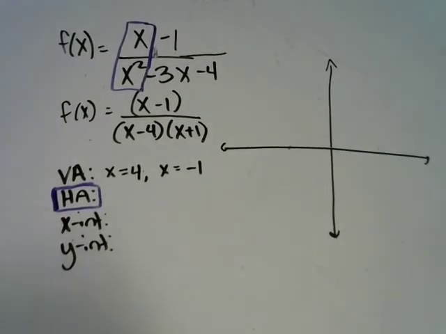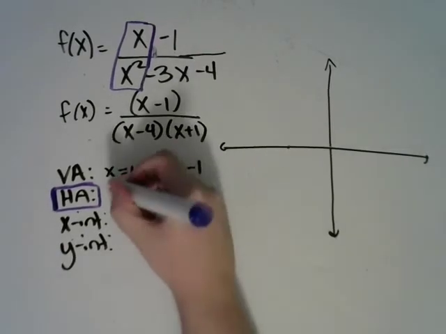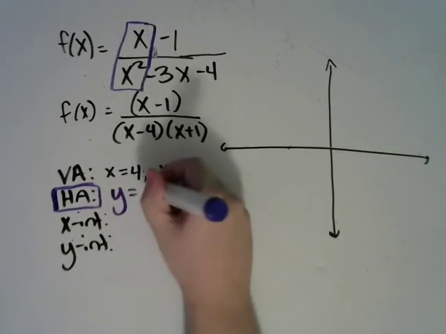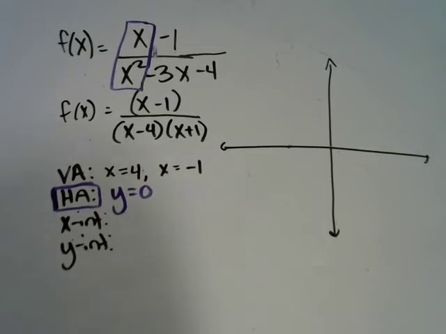So that means the degree in the numerator is less than the degree in the denominator. And that gives me a horizontal asymptote of y equals 0. This is true for any time where the degree in the numerator is less than the degree in the denominator. And it's also the most common type of horizontal asymptote you'll run across.